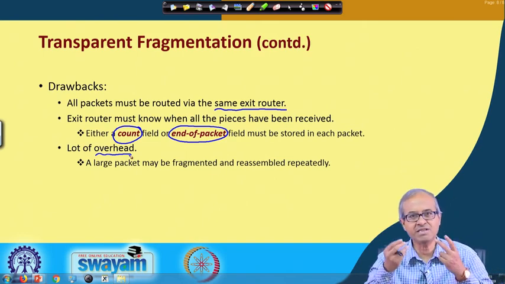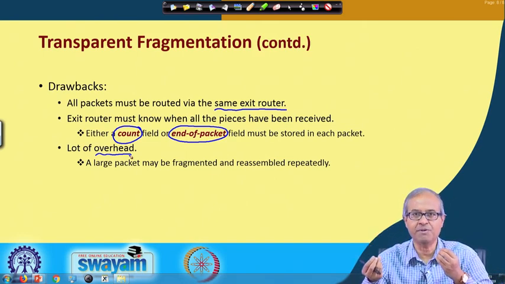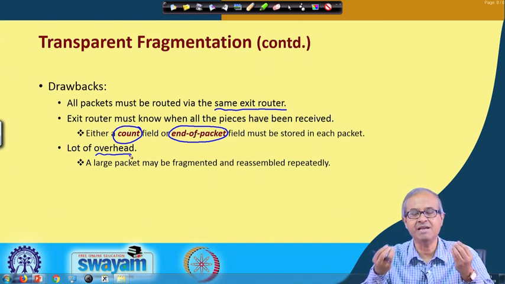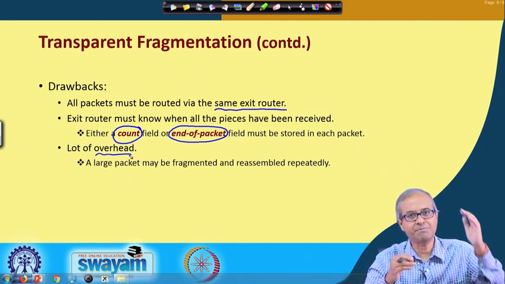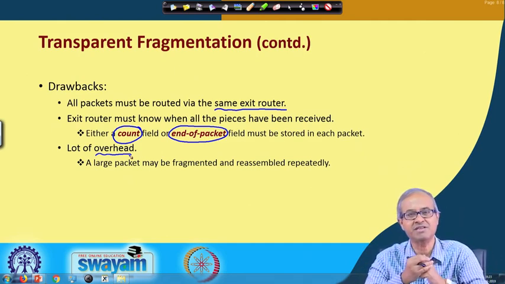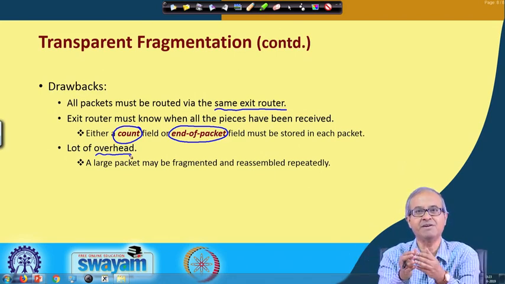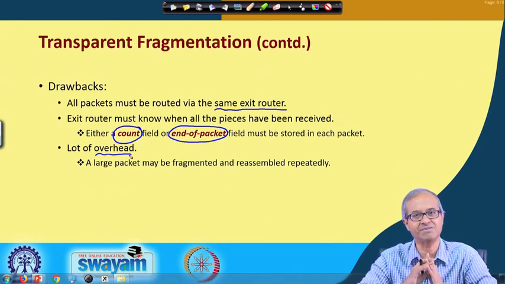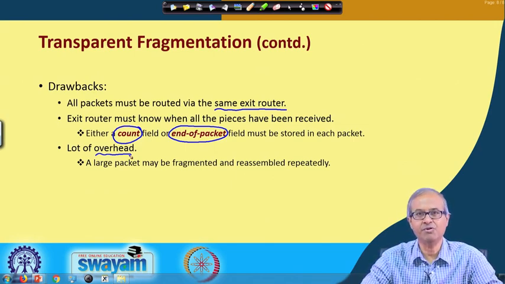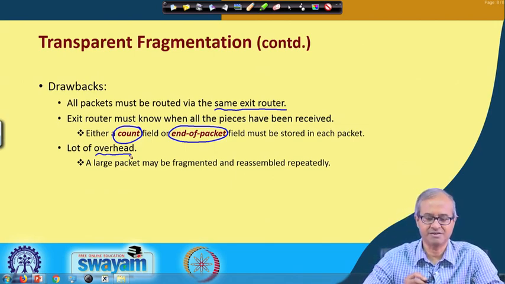There are two things: one is that you are putting more burden on one particular router, and secondly, after fragmentation the exit router must do a reassembly. So, if this packet flows through multiple networks, there will be multiple possible fragmentations, multiple reassemblies, again fragmentation, again reassembly. So, the amount of overhead is much higher here. Okay.